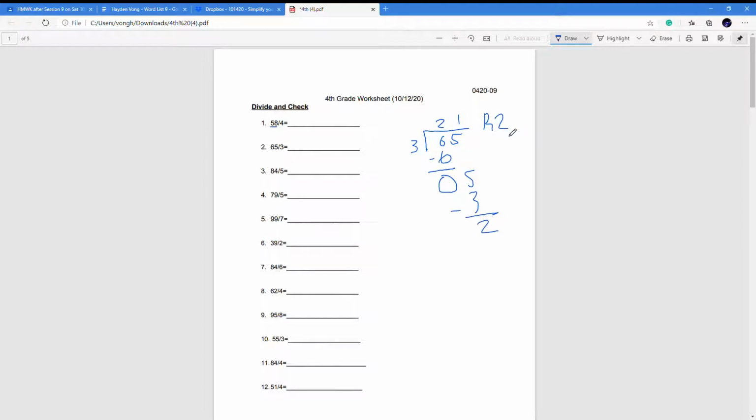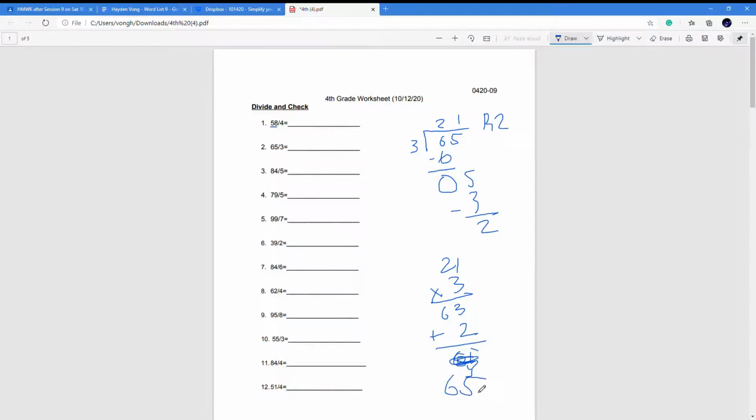Now, going back to how to check, you multiply this number by this number here. So that's 3 times 21, which is 63. And then you take your remainder and add it onto your number here, and you get 65.